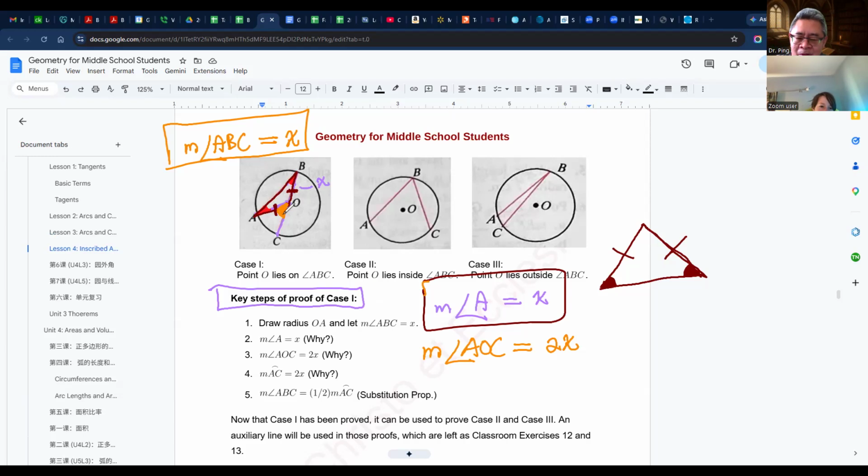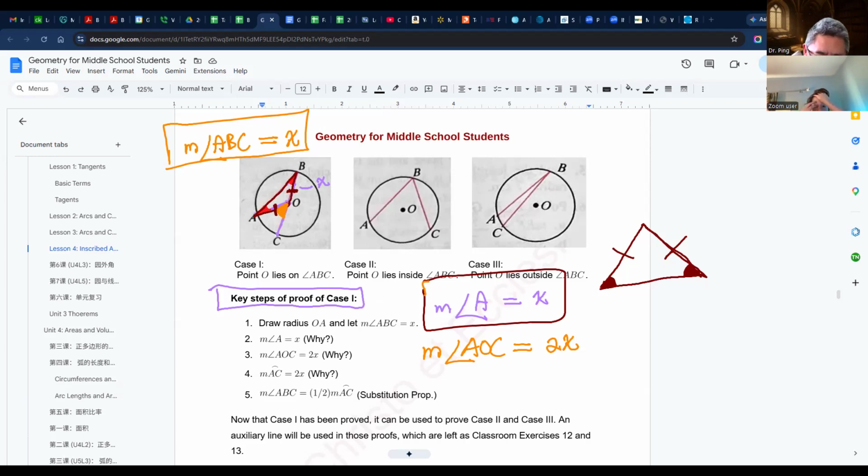It's a very important property for a triangle. Do you remember?